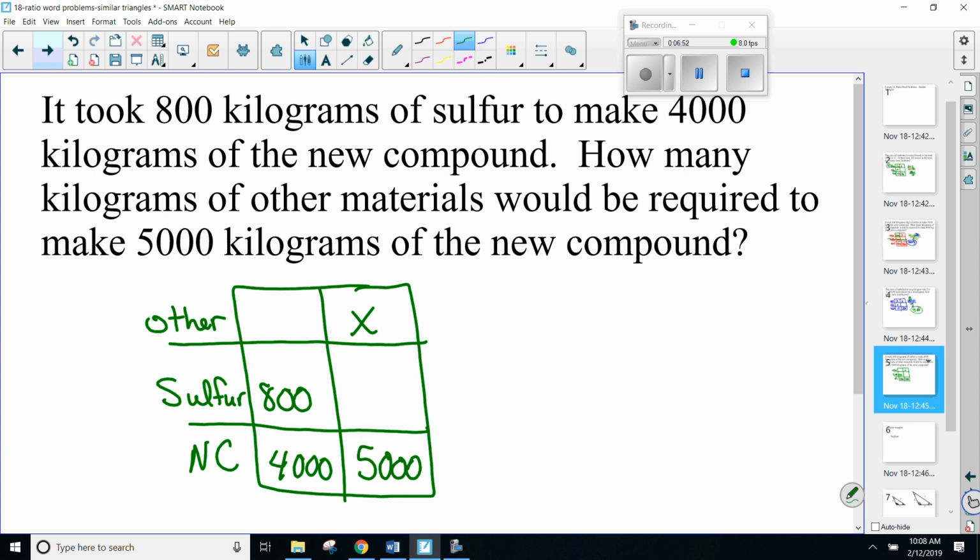Question on where those values come from. Helps if you label. What goes in this other box right here? Try 3,200. 3,200 plus 800 is 4,000.